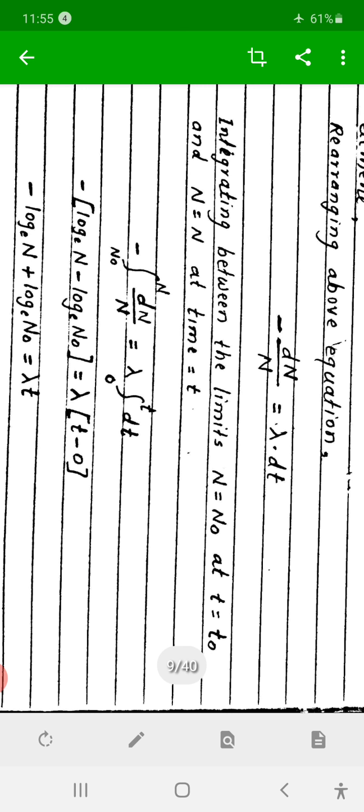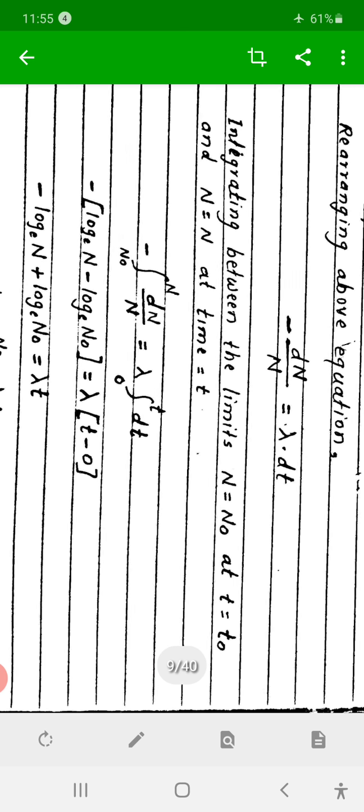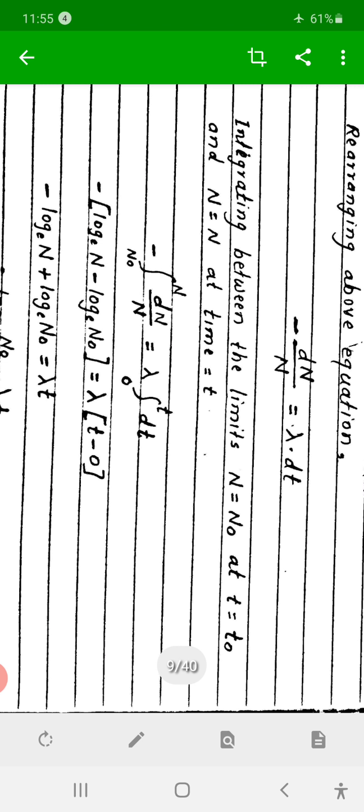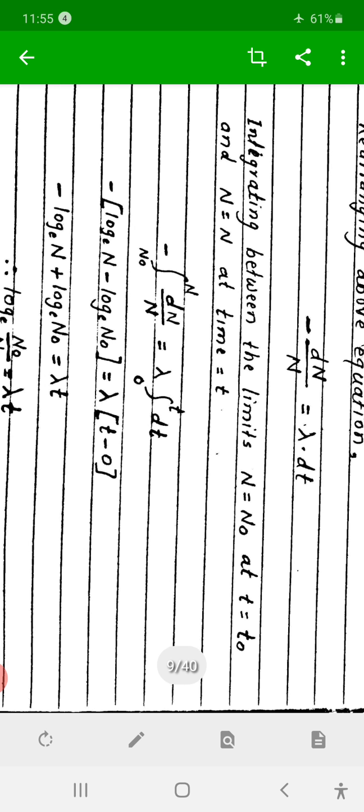From that time we start to measure the disintegrating rate of the radioactive element. That starting amount is N0. Integrating between limits N0 at time 0 and N, the number of atoms present at this instant, that is at time t.